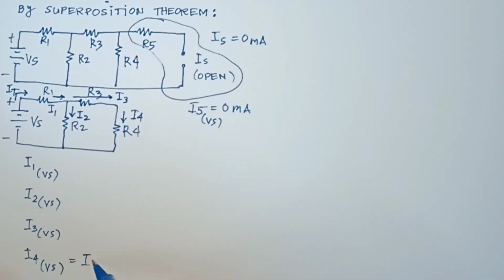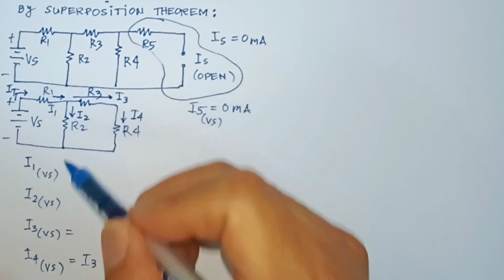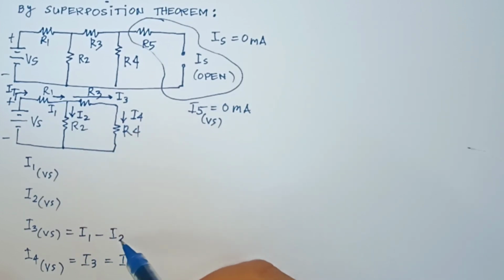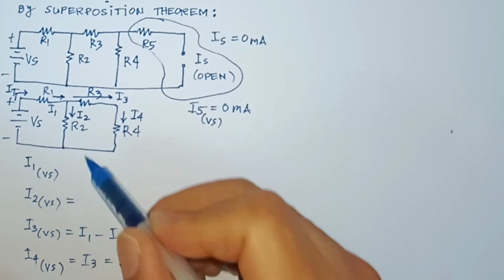I4 is equal to I3 because they are in series, or we can say I34. And I3 would be equal to I1 minus I2.